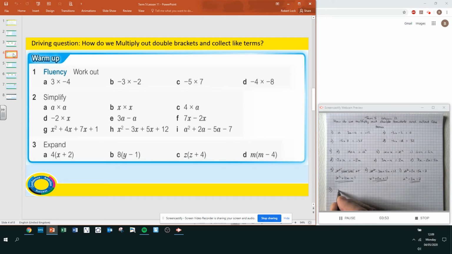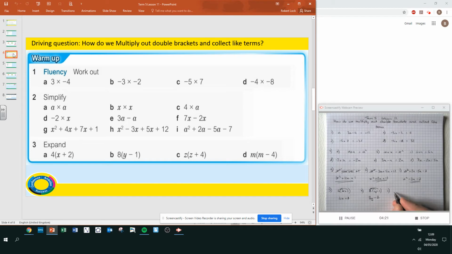Question 3. Expand. A. 4 bracket x plus 2. 4 times x is 4x. 4 times 2 is plus 8. B. 8 bracket y minus 1. 8y minus 8.